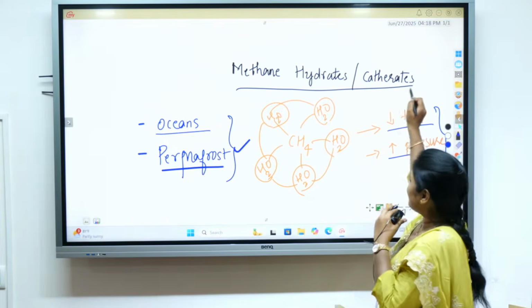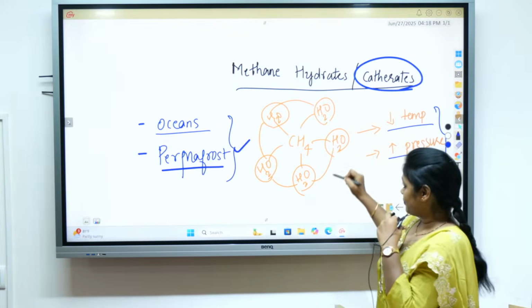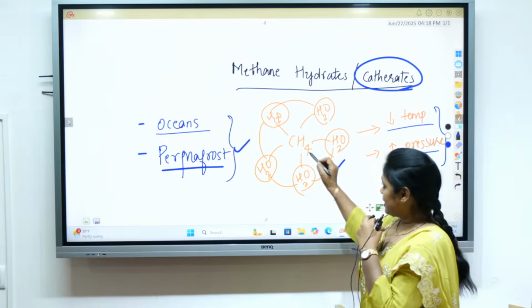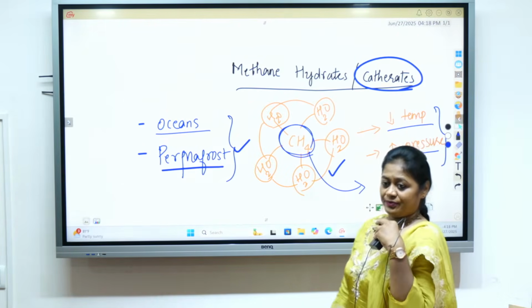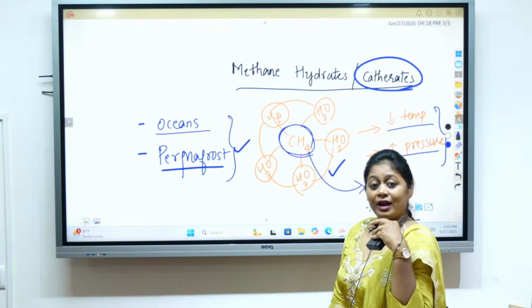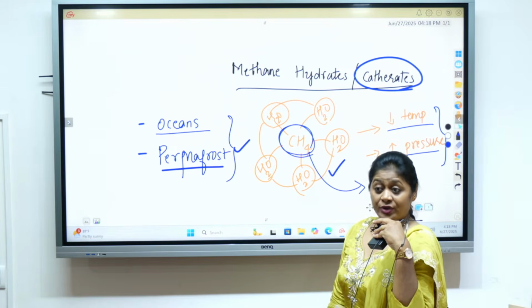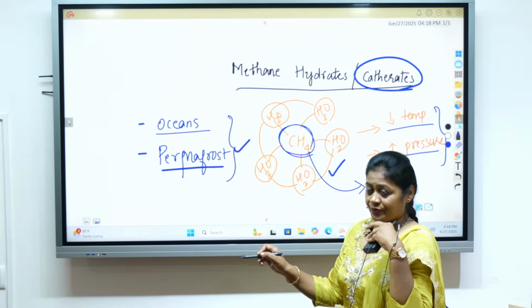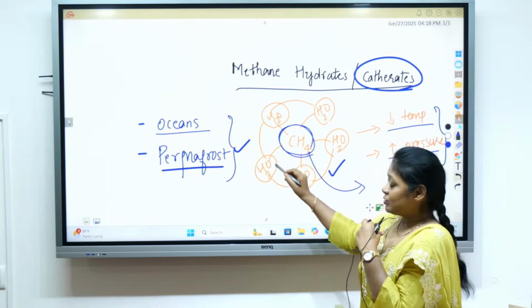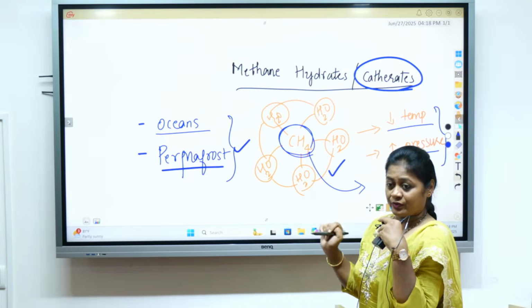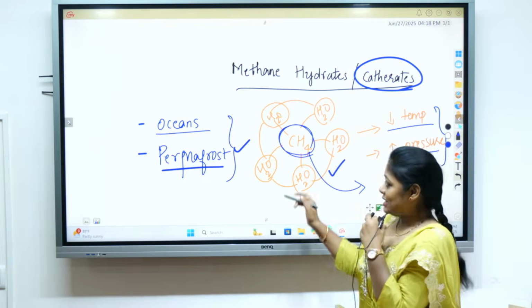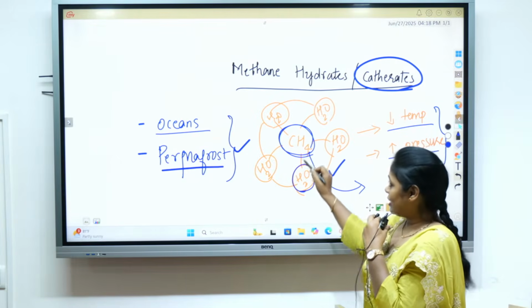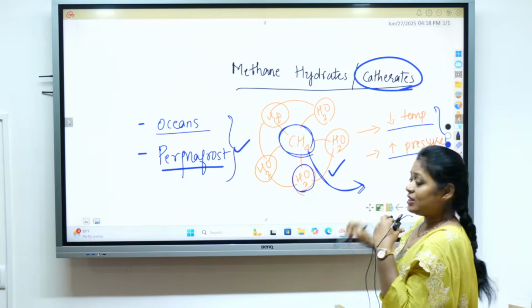These methane hydrates are clathrates. So when will this methane get released from these clathrates? When there is high temperature. During global warming, due to high temperature, these water molecules, which are crystalline, icy particles, get melted and release methane.